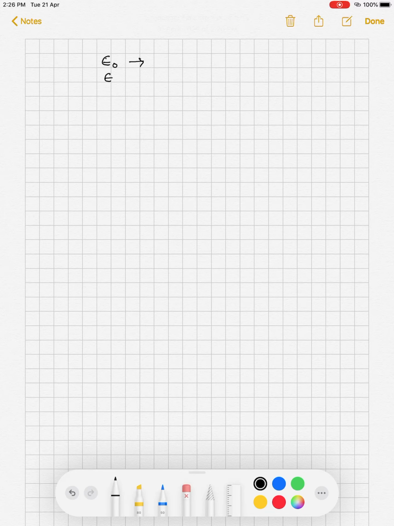This is the permittivity of free space, and this is the absolute permittivity.